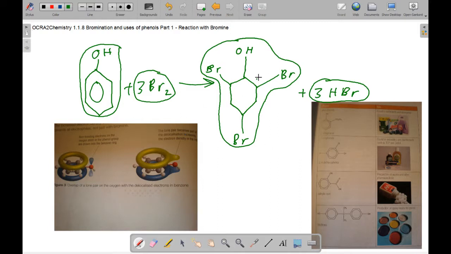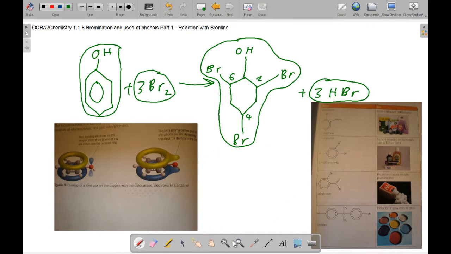This is known as 2,4,6-tribromophenol, in case you wanted to know.